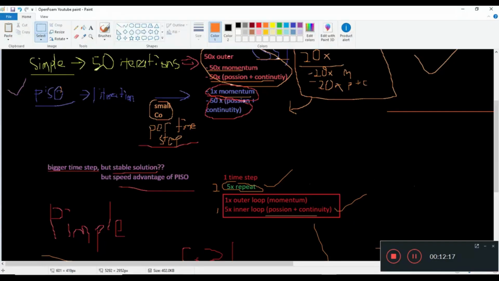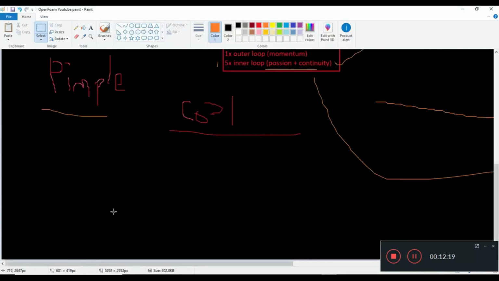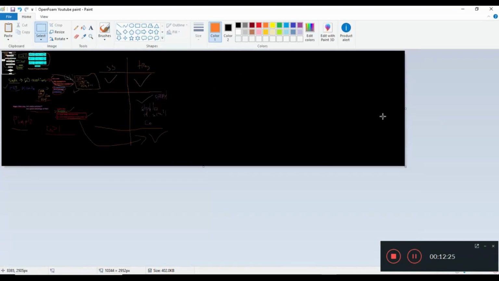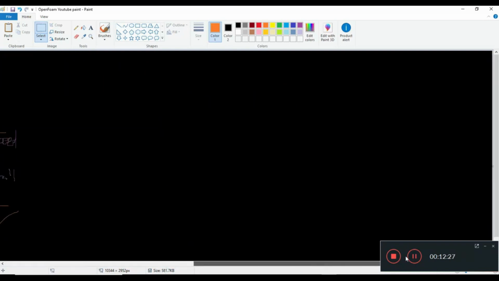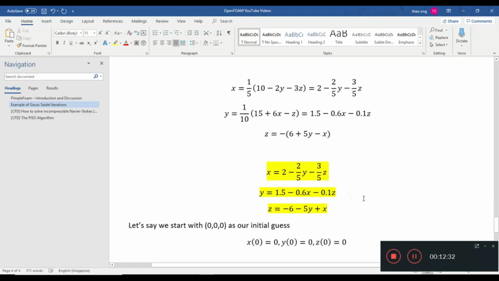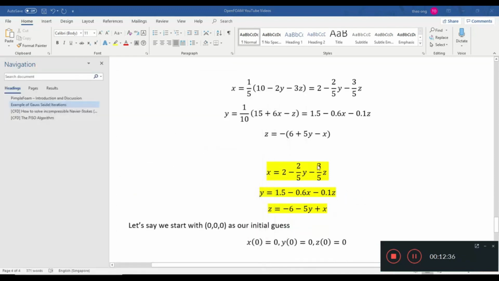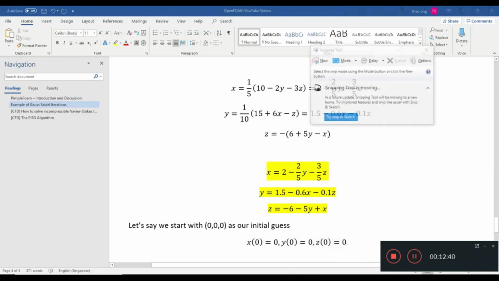So let's open Paint, a new section here. Why do we want diagonal dominance? Let's do a little bit of experimentation.